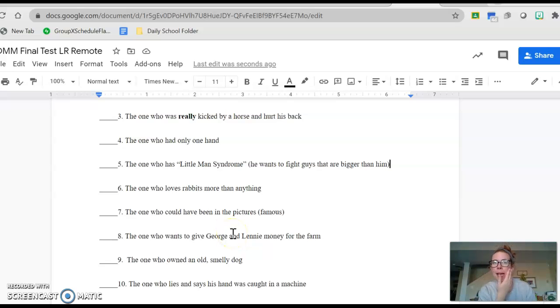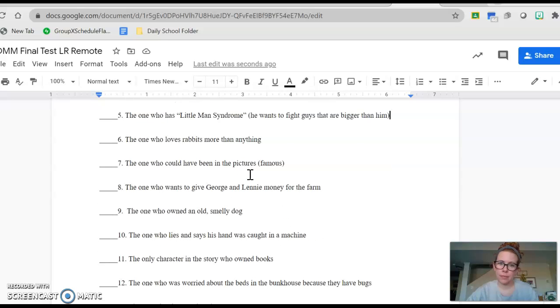Number seven, who could have been in the pictures? And the pictures back then meant the movies. So which character could have been famous? Who is the one who wants to give George and Lenny money for the farm so that he can move in there with him?